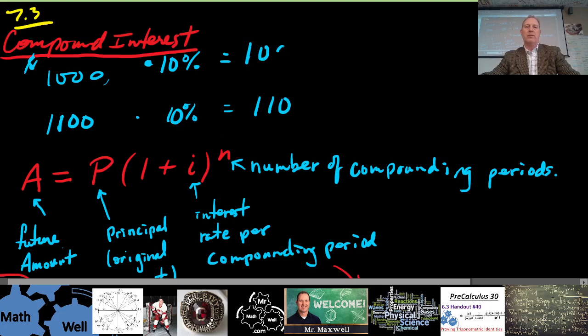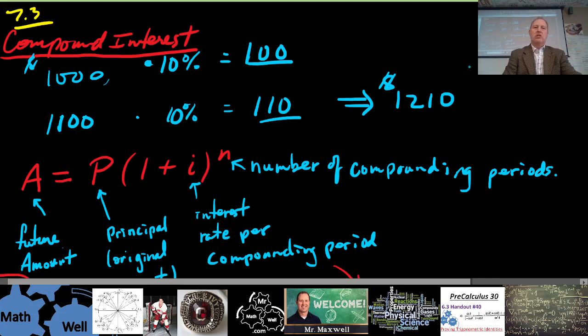This was $100, now the interest is $110. So now your new amount becomes 1,100 plus 110 is 1,210. So you see how it builds. Each amount of interest, when it's calculated compoundly, grows. It gets bigger each time. Simple interest would stay the same each time.